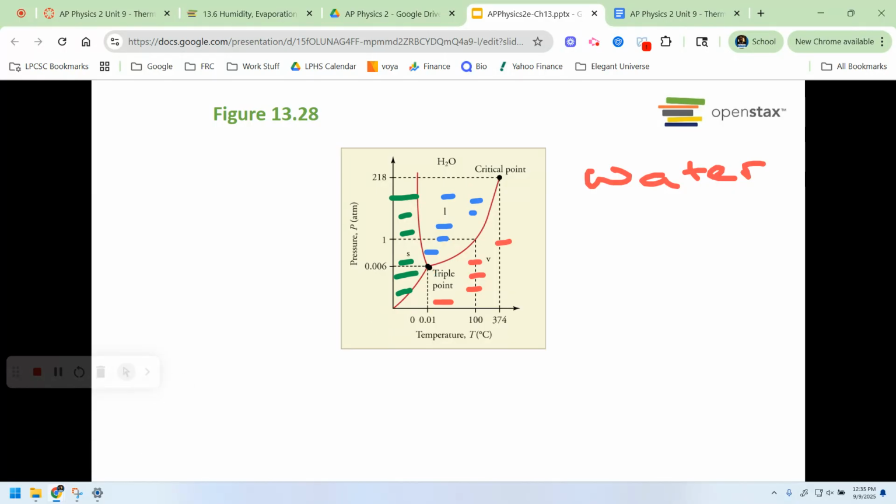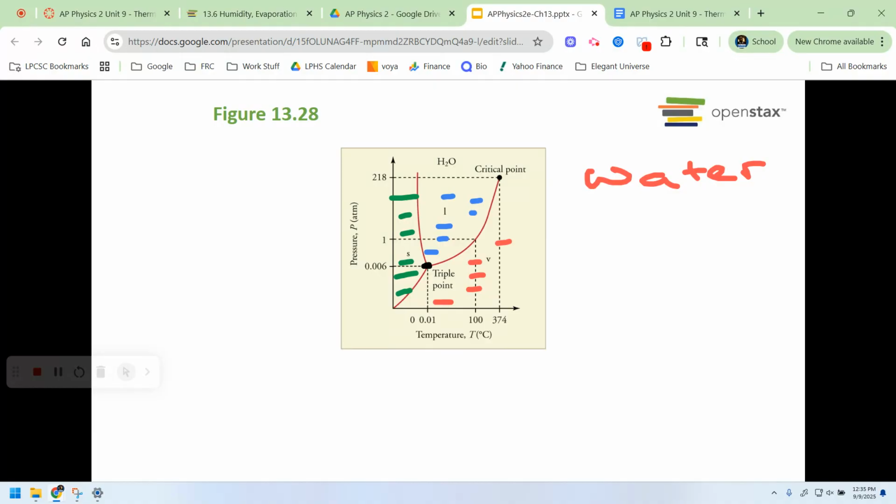And so the triple point is where they all three converge. So note that the axes are nonlinear and the graph is not to scale, and that this graph is simplified. There are several other exotic phases of ice at higher pressures and stuff like this. But then also there is the critical point as well, which is important.